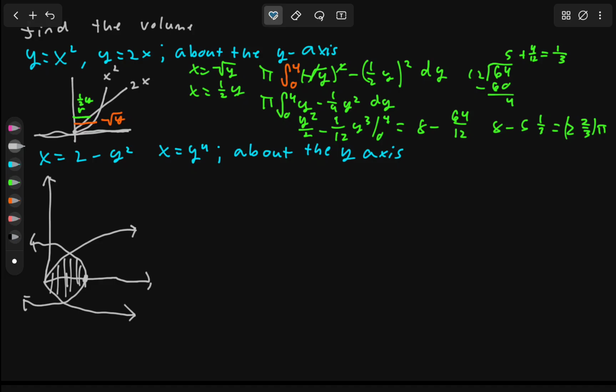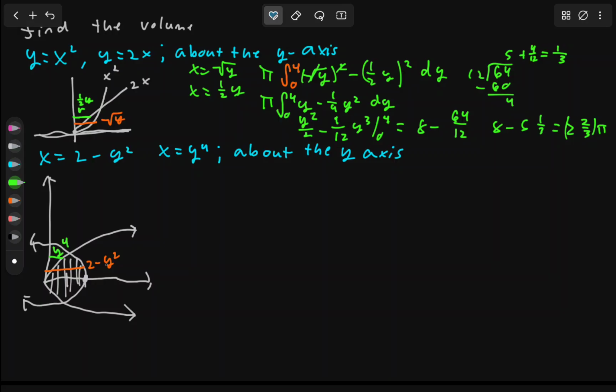So it's always going to have an outside radius, or the greater radius, of 2 minus y squared. It's going to have the inside radius of y to the 4th.